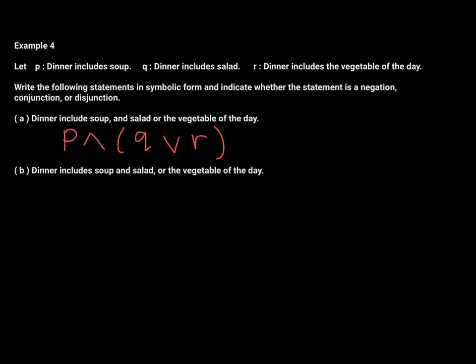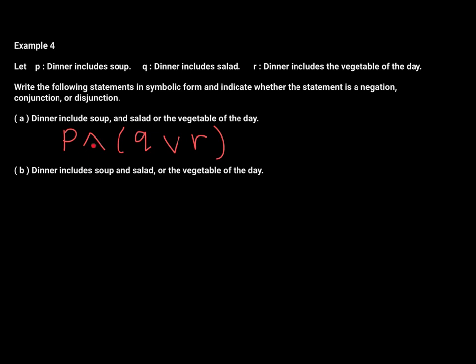Now, is this a negation, conjunction, or disjunction? Now, there are no negations at all here, so it's not a negation. So it's basically, is it a conjunction or a disjunction? All right, so we always evaluate the information within the parentheses first. So since the conjunction here is outside the parentheses and it's evaluated last, this statement is considered a conjunction, okay?